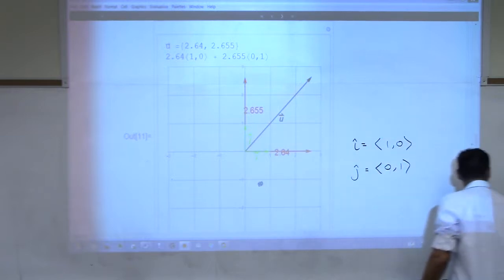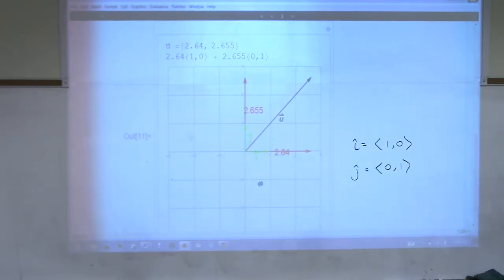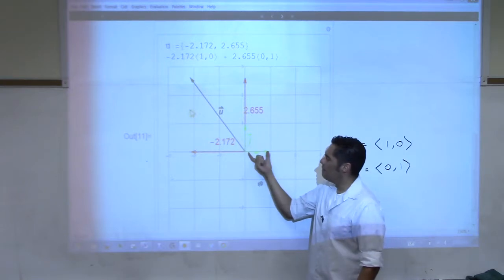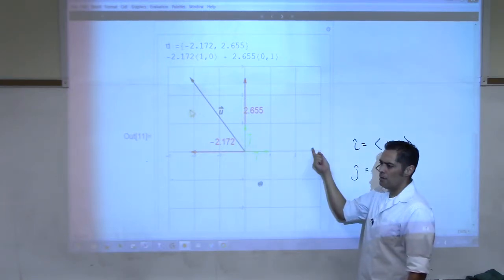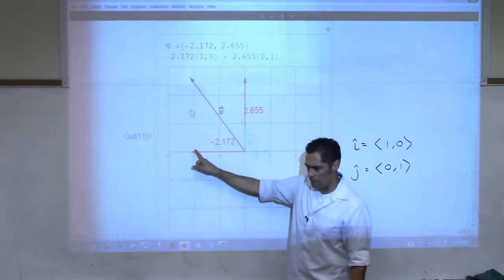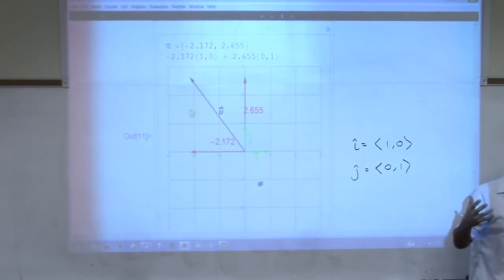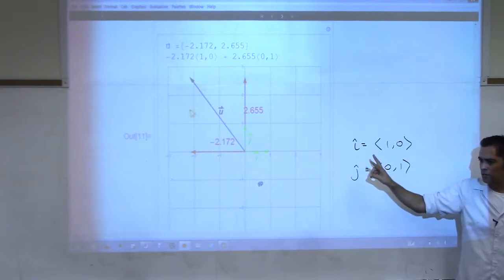And that works for any vector in two-dimensional space. I can always come up with some combination of i and j. Like that one there, I would have to take i, scale it to make it longer, multiply by a negative to flip it over, and then j the same thing. So basically, I can create every vector in two-dimensional space from just those two.